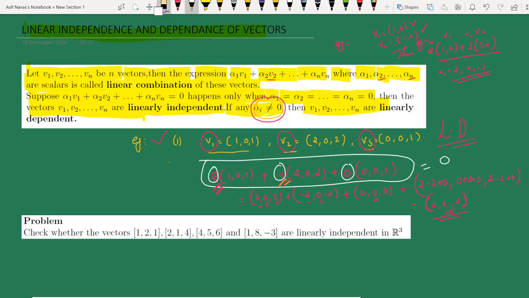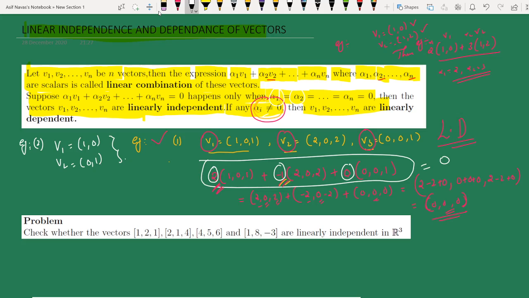So I will give you another example, example 2. V1 is equal to 1 0, V2 is equal to 0 1. We have to check whether it is linearly independent or not. That means whether there are some alpha 1, alpha 2, etc., such that their linear combination is equal to 0 where the alphas are non-zero.